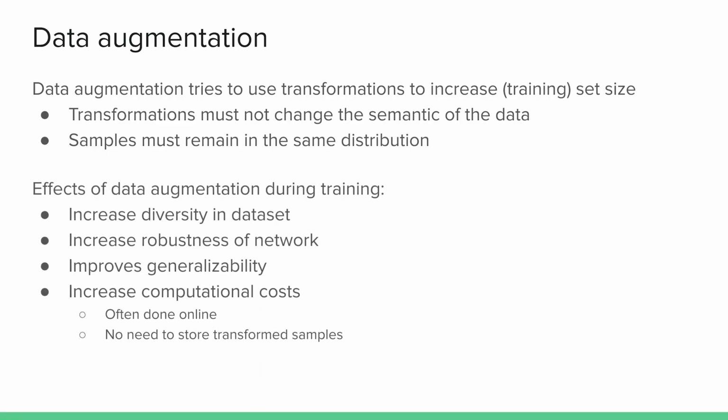The effects of performing data augmentation can be observed as follows. We can increase the diversity in our dataset. If you think of an image that is only recorded at a perfect angle and then you start rotating it, our network will learn how to cope with slightly rotated images because it has seen them during training.